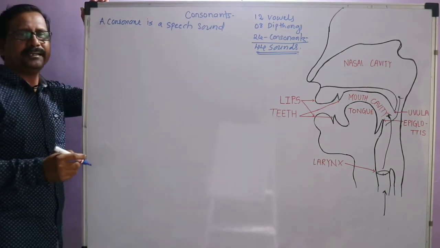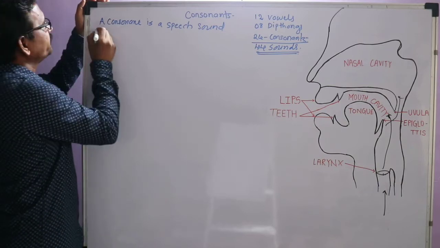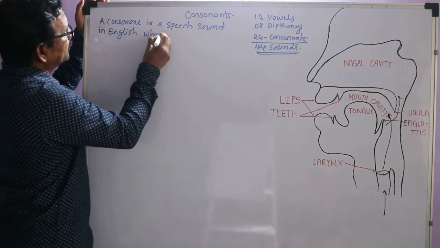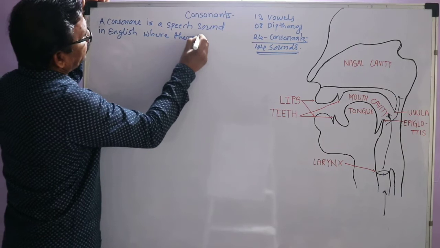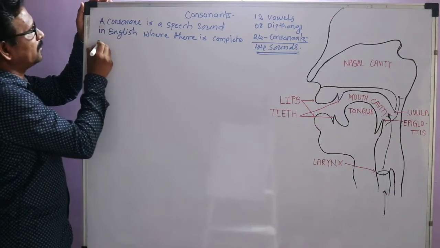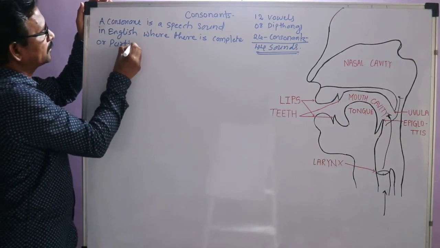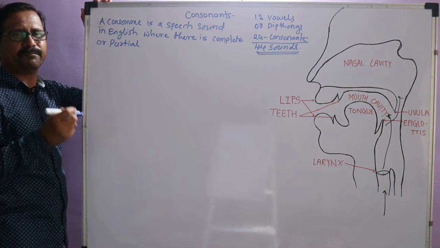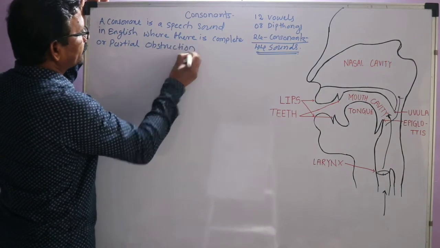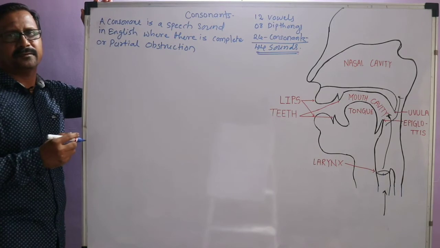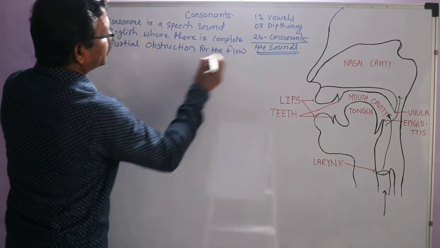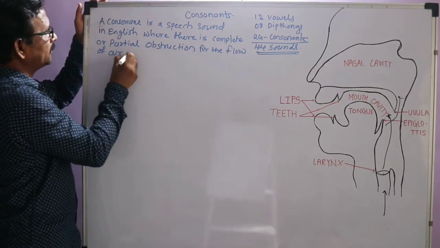A consonant is a speech sound in English where there is complete or partial obstruction for the flow of air coming from the lungs.